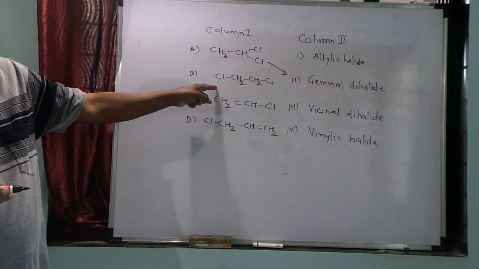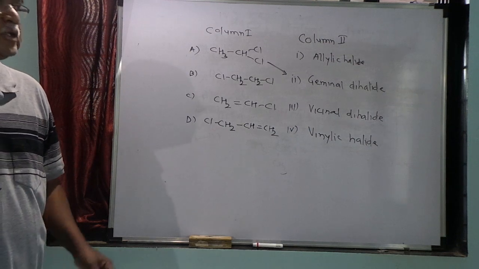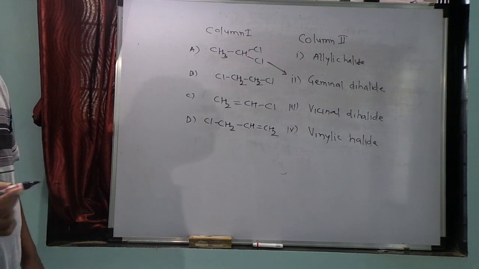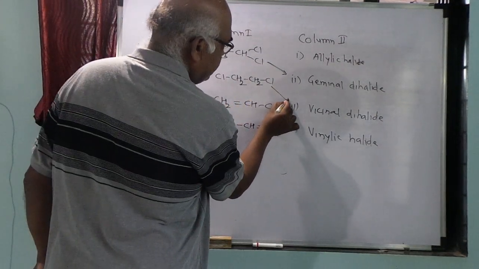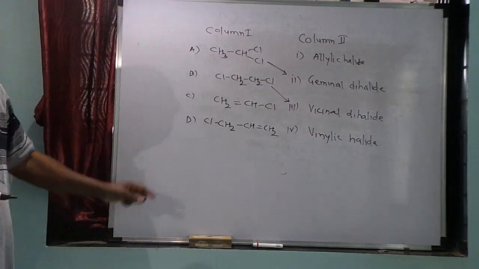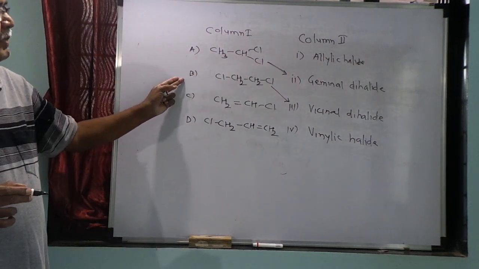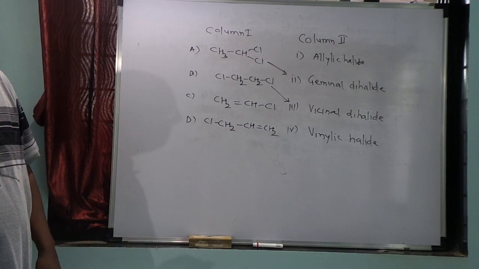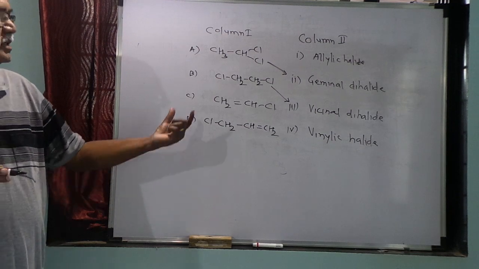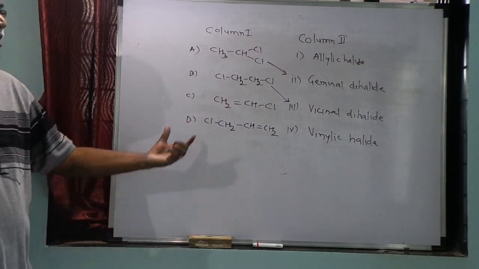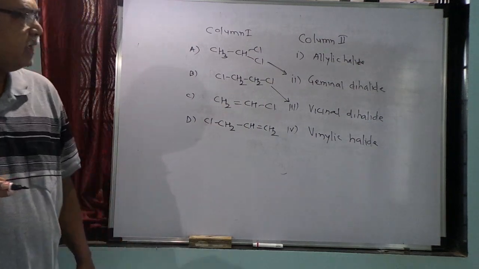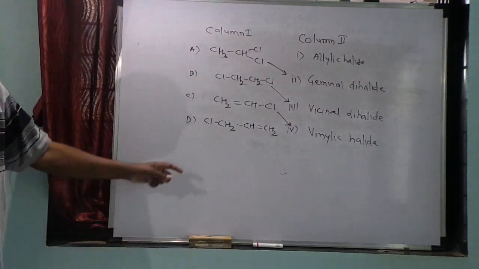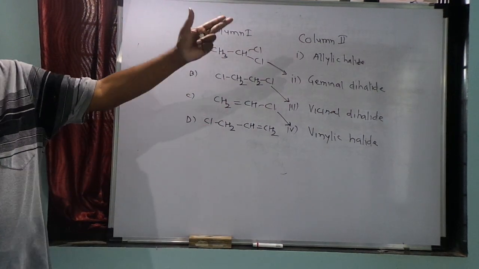Then option B is also a dihalide, and when 2 halogen atoms are attached to separate adjacent carbon atoms, they are called vicinal dihalides. So B matches with the third option. A matches with the second option, then B matches with the third option, then option C is a vinylic halide because there is CH2 double bond CHCl. So this is a vinyl group and this is a vinylic halide. So option C matches with the fourth one. And option D is an allylic halide. It is obvious.